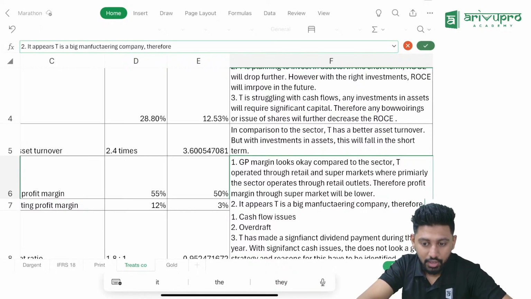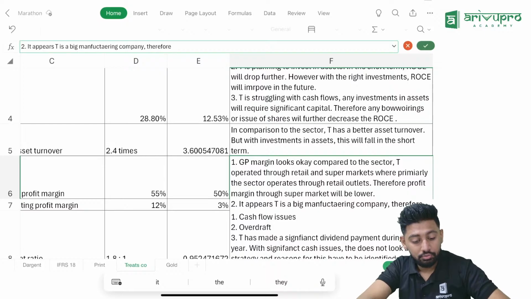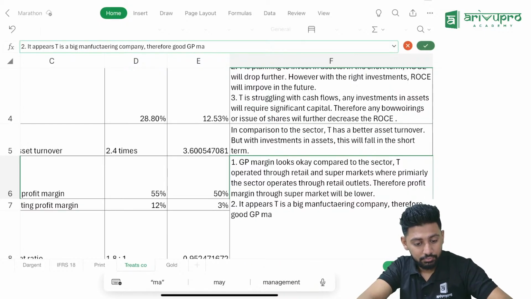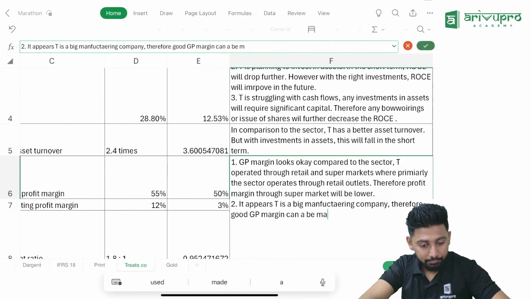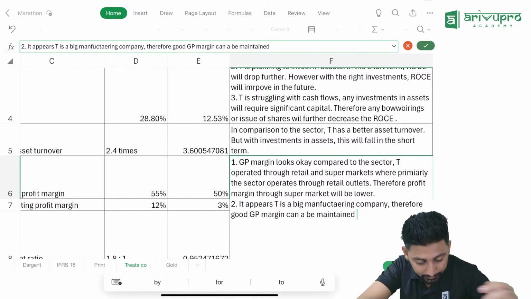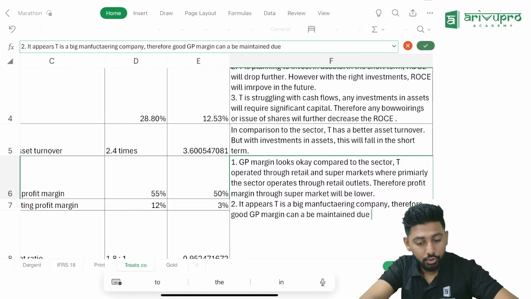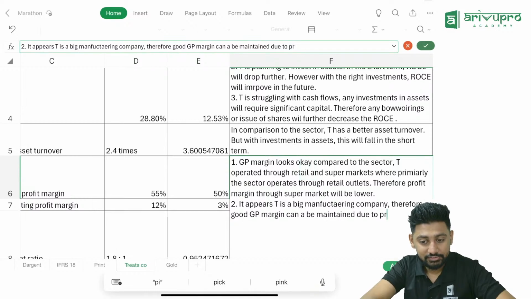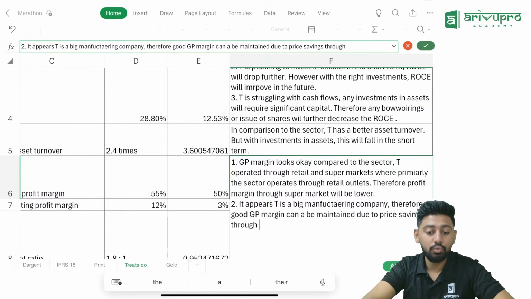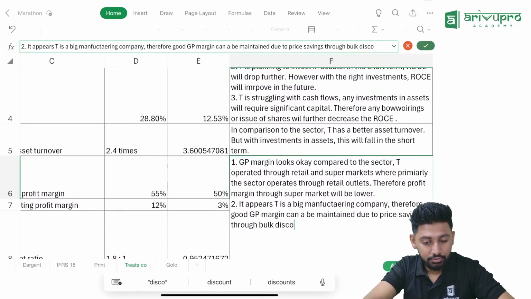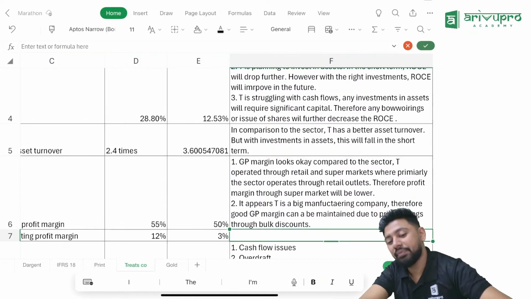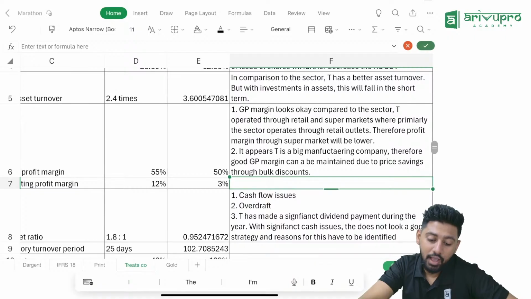Therefore, a good GP margin can be maintained due to price savings through bulk discounts. So this explains why you could be having a good GP margin.